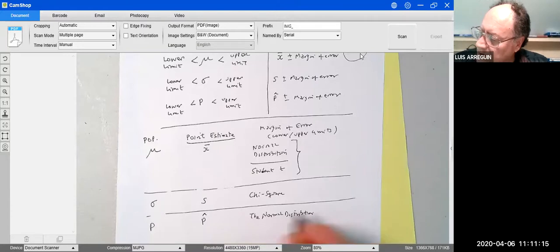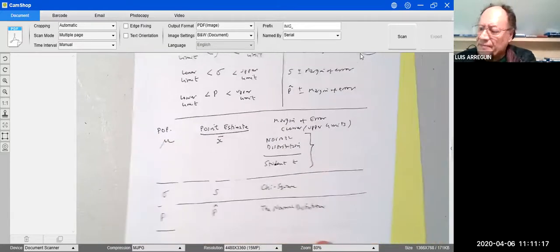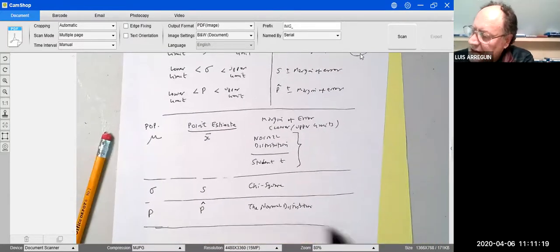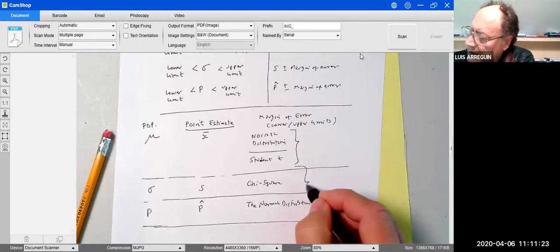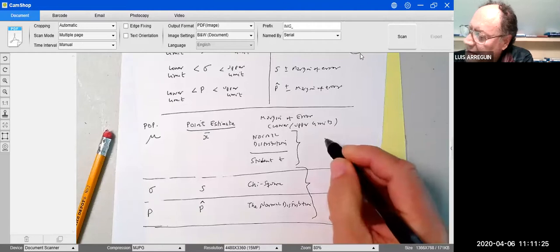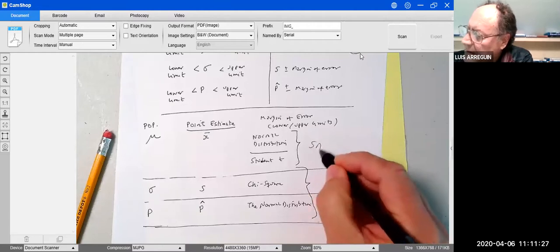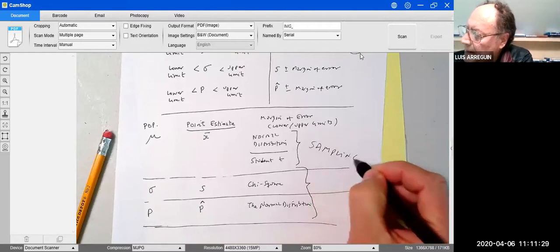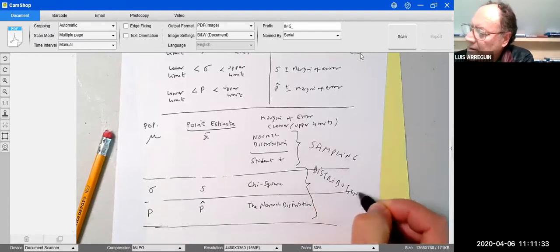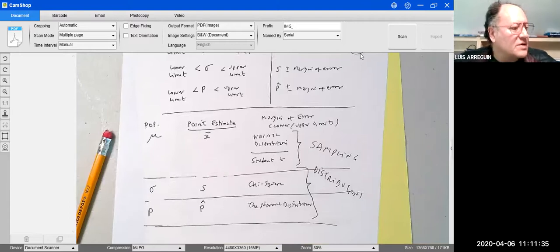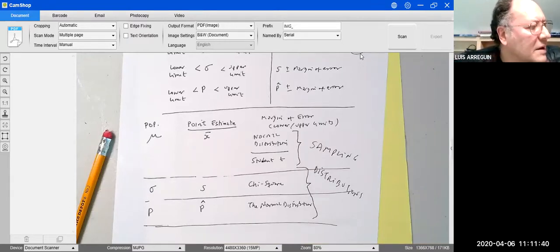So keep this in mind. This is going to be the general approach for you to solve these problems related to confidence intervals. All of these are sampling distributions that you're going to use to compute the margin of error or the upper and the lower limits.